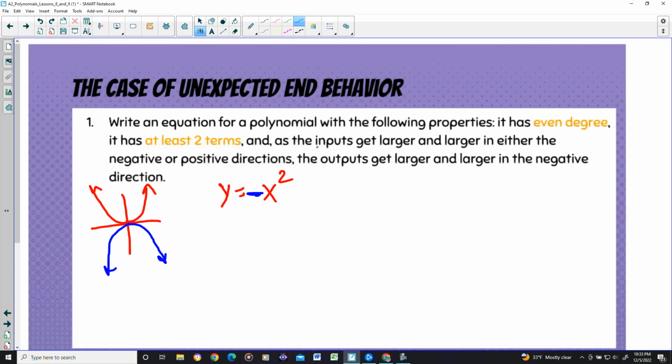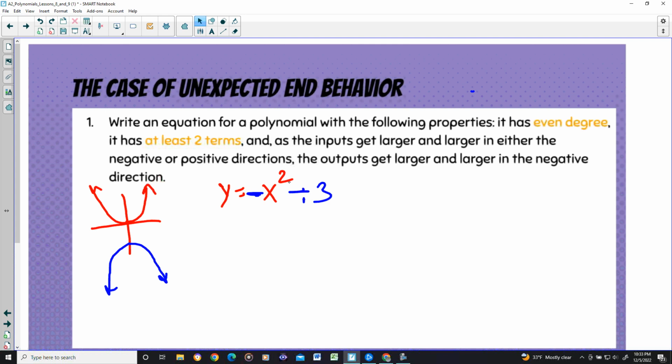No matter what I do, this parabola will always be pointed downwards. So just for simplicity's sake, I can subtract 3. All that does is take this parabola and shift it down 3 units. So now we have negative x squared, minus 3.